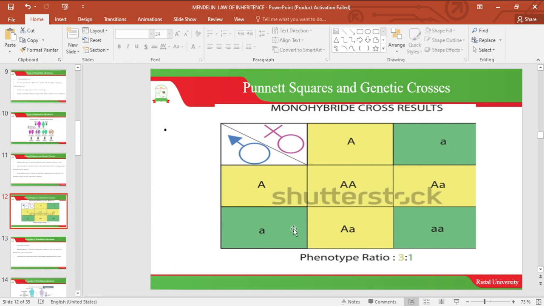For example, the diagram below is showing a male and a female, where we have the capital A as the dominant gene and the small a as the recessive gene. So when A crosses with A, it means that AA will be dominant. Then we have capital AA, then we have capital A, small a. So the ratio of the phenotype will be 3 to 1.